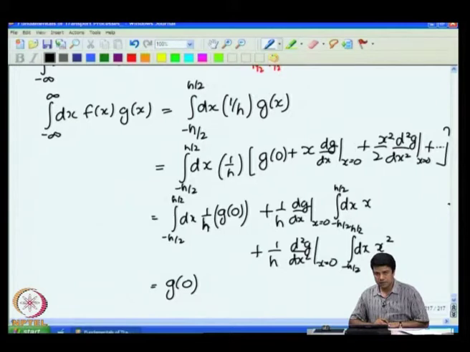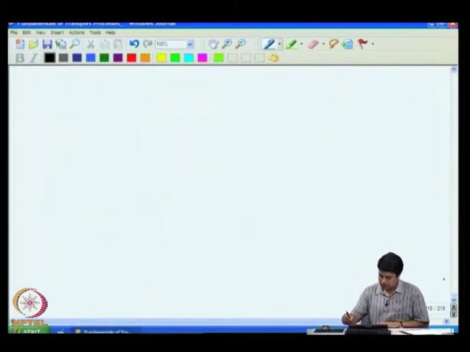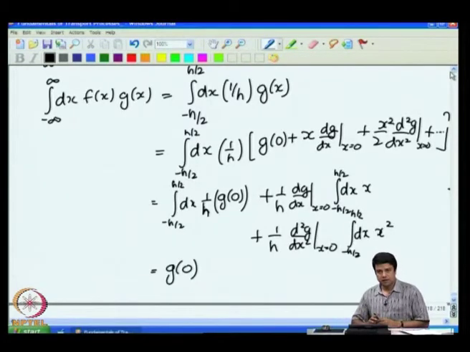In this particular case it is just equal to 0, but in general it is not equal to 0. The third term, I have an integral of x square dx from minus h by 2 to plus h by 2. That will give me a contribution which goes as h cubed. In the limit as h goes to 0, each of these contributions goes to 0, and therefore, I am just left with the function g of 0.